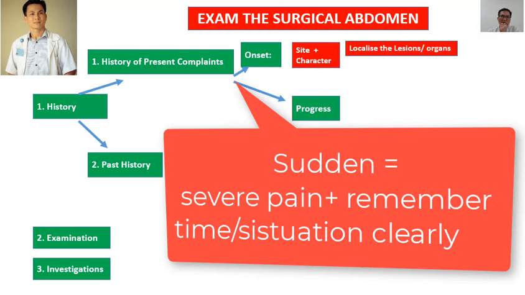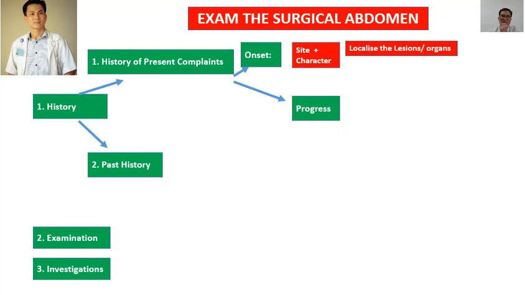For example, a patient might report experiencing severe pain in the epigastric region exactly at 11 o'clock, shortly after eating a meal or taking a drug. This specific and vivid recollection of symptom onset is characteristic of many acute abdominal conditions, making it an important detail in the diagnostic process.